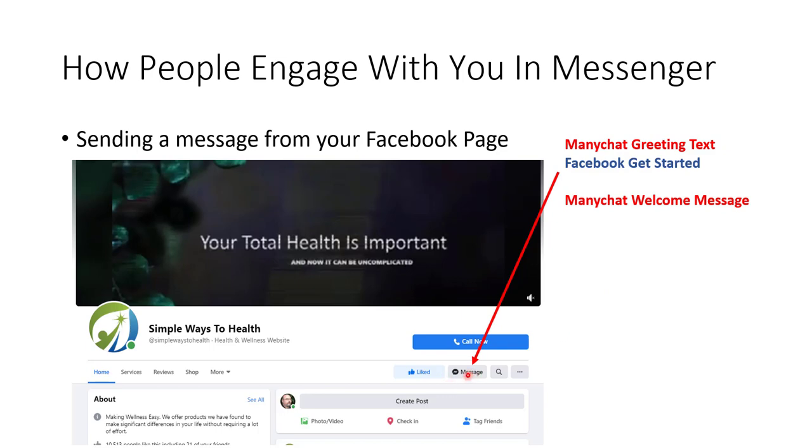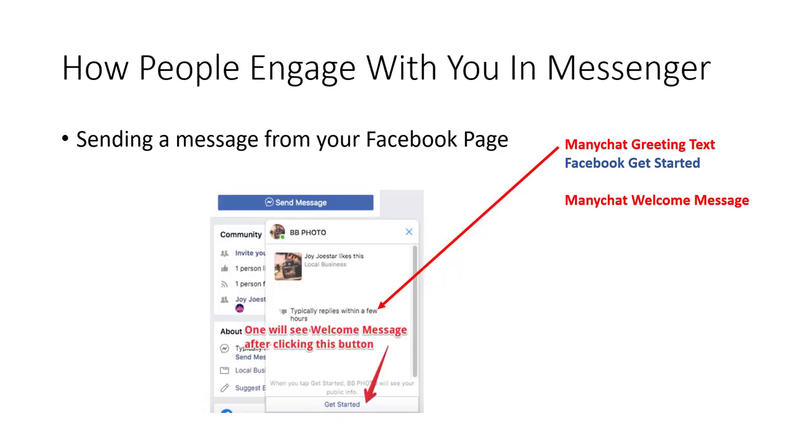So imagine now that I just clicked on message right here, and here's what they'll see. Usually in the lower right-hand side of the screen, they're going to see something like this. A little box comes up where they can talk to you in Facebook Messenger. Right here where it says typically replies within a few hours, that's done automatically by Facebook.